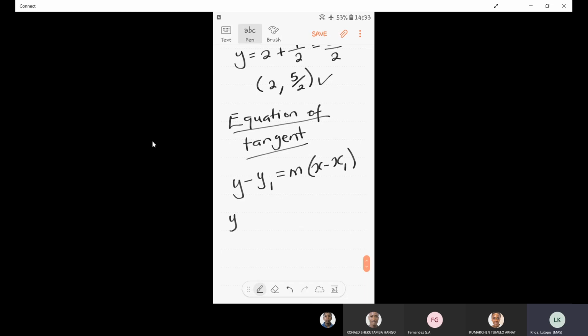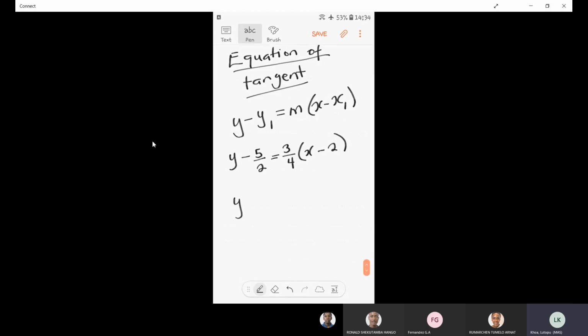So this is y minus the y coordinate of the point that is on the line, which is 5 over 2, is equal to my gradient, 3 over 4, times x minus the x coordinate of the point on the line, which is 2. And like that. So you rewrite this in standard form. You get y is equal to 3 over 4 x plus 1. Okay, so that is your equation of the tangent.